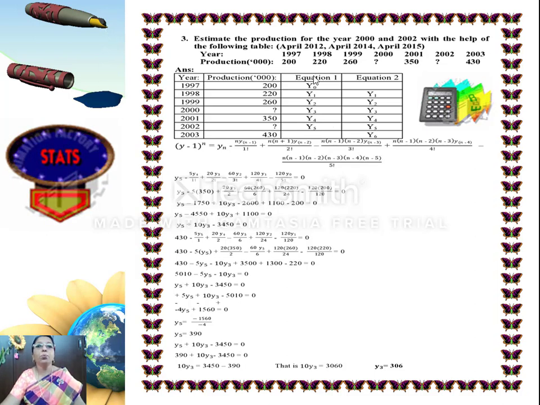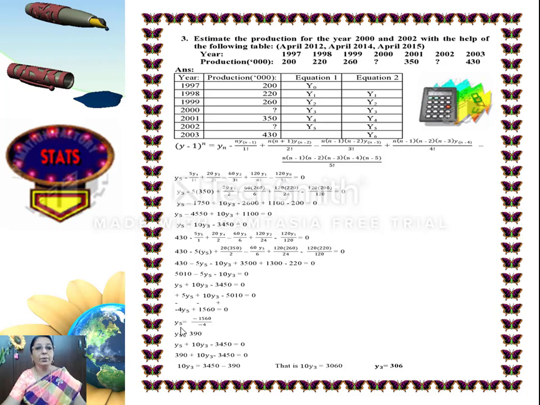First we take equation 1 with y0, y1, y2, y3, y4 and y5. With this we write our equation: y5 minus 5y4 by 1 factorial plus 20y3 by 2 factorial minus 60y2 by 3 factorial plus 120y1 by 4 factorial minus 120y0 by 5 factorial, and we solve it.